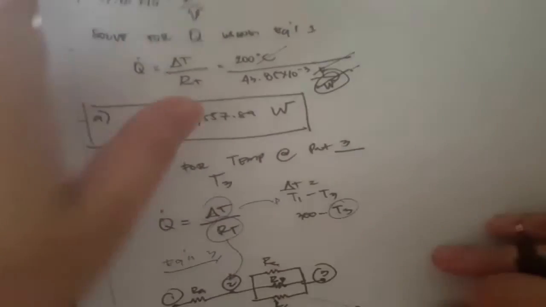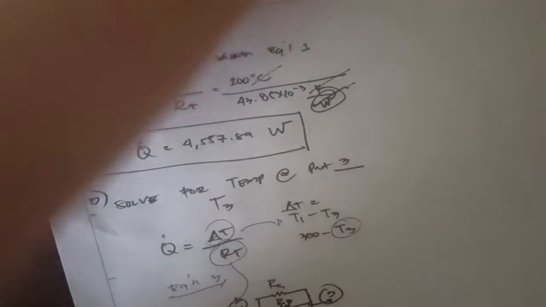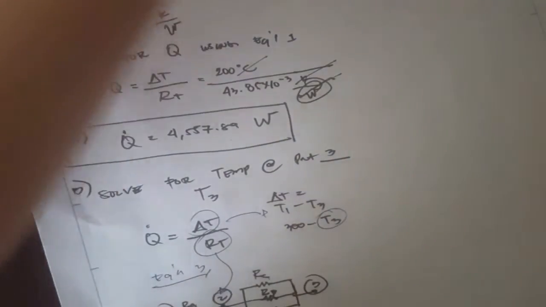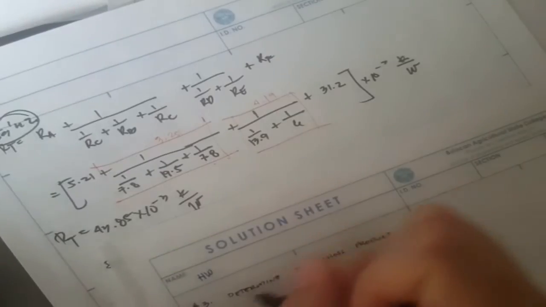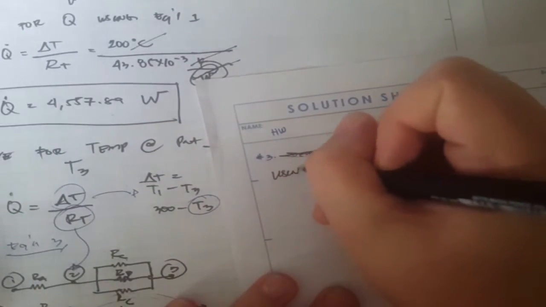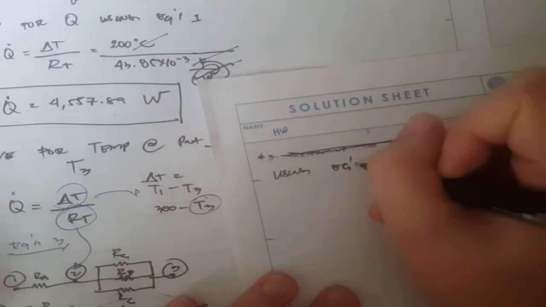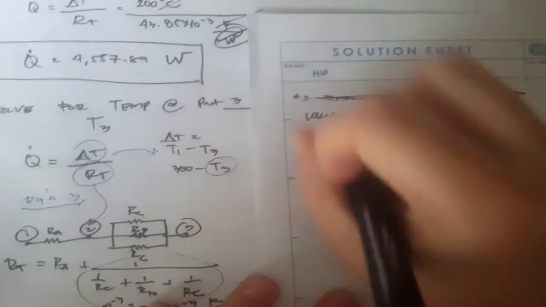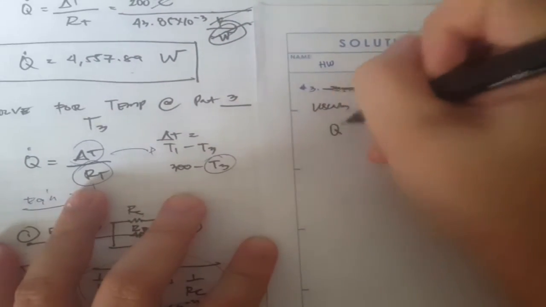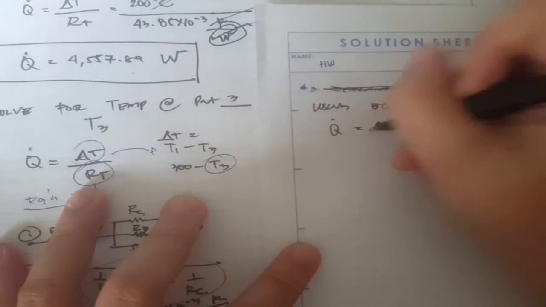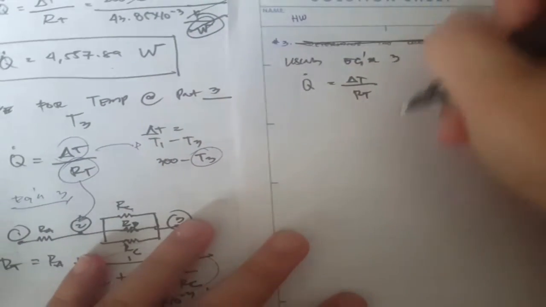Using equation 3, Q equals delta T over RT.